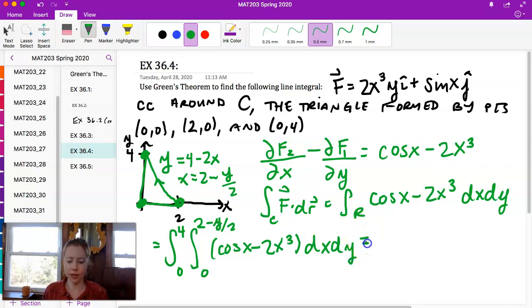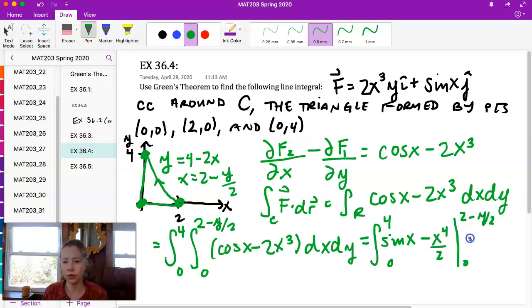And so we end up getting the integral from 0 to 4 of sine x minus x to the 4th over 2, and we're going to look at that from 0 to 2 minus y over 2. We still have our dy.